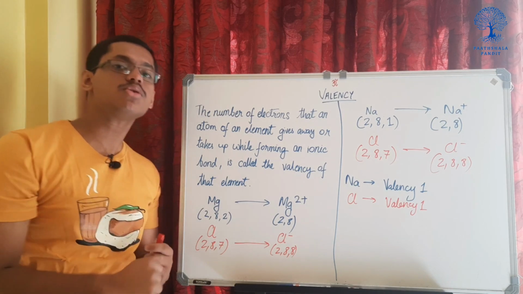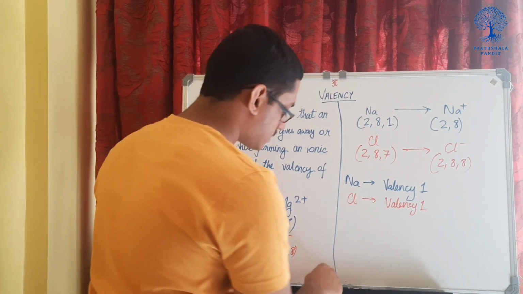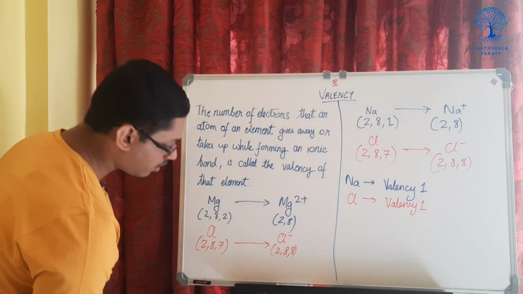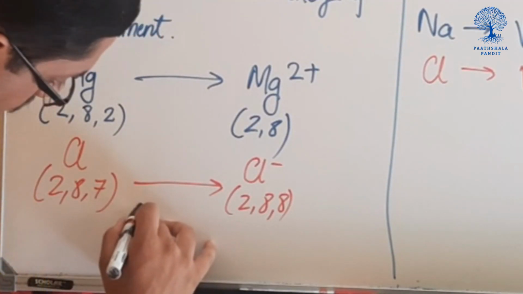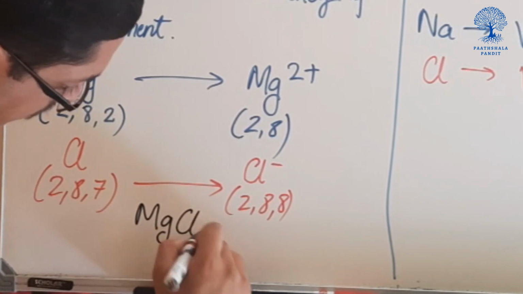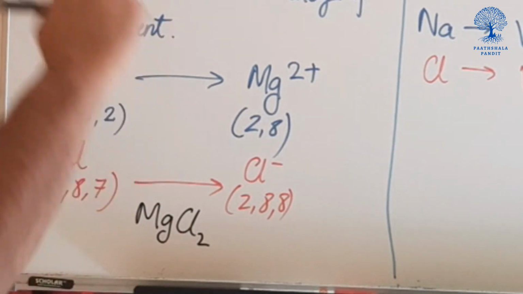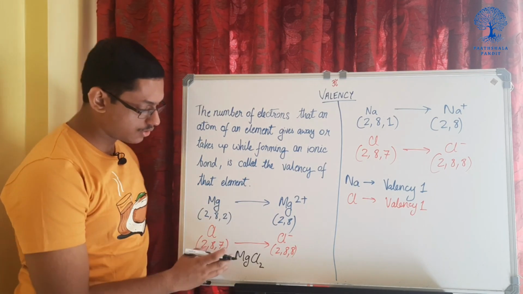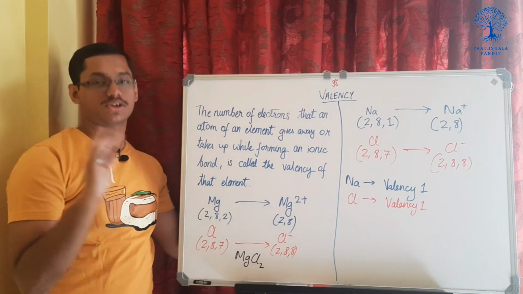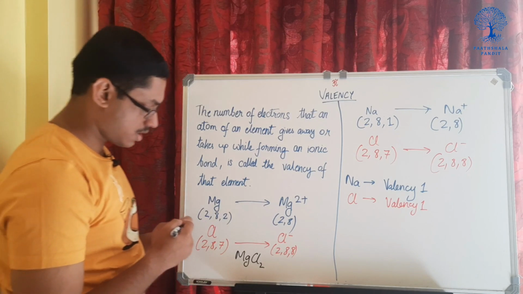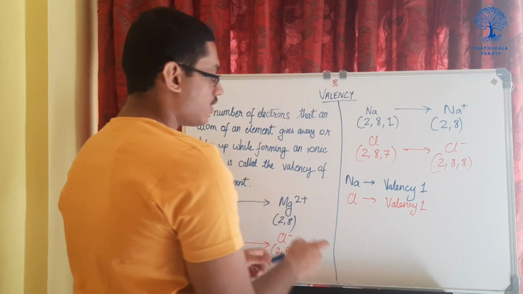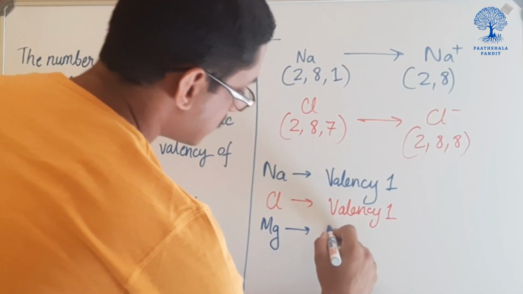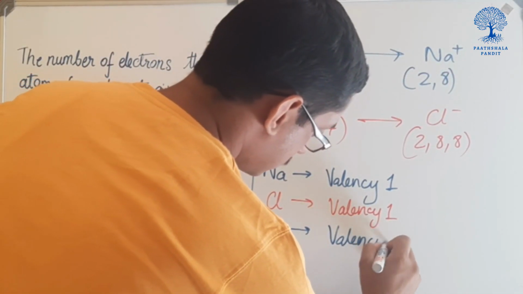Of course, 2 chlorine atoms. So the compound that forms is MgCl2. There are 2 chlorine atoms taking 2 electrons from magnesium, and only one magnesium atom that gives out 2 electrons. So what is the valency of magnesium then? The magnesium valency is 2.